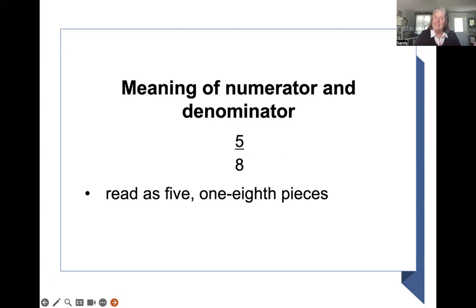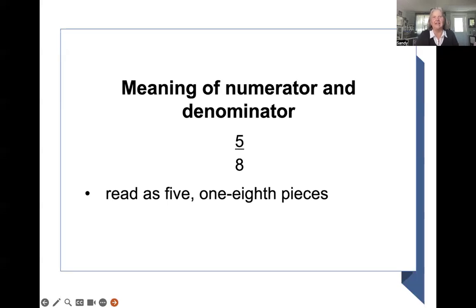Now, when we get to comparisons, it's important that your child really understands the meaning of numerator and denominator. When I learned it, the denominator told us how many pieces we cut something up into, and the numerator told us how many of those pieces.